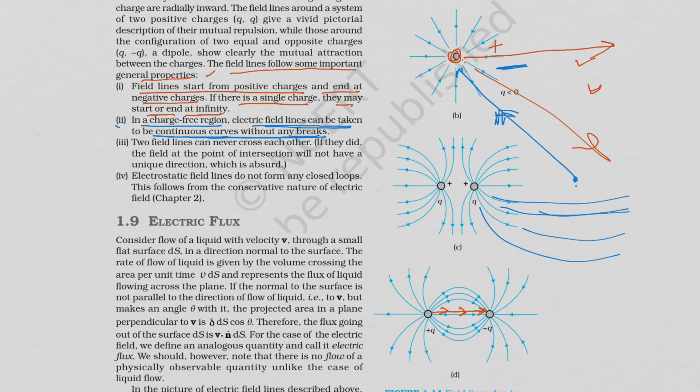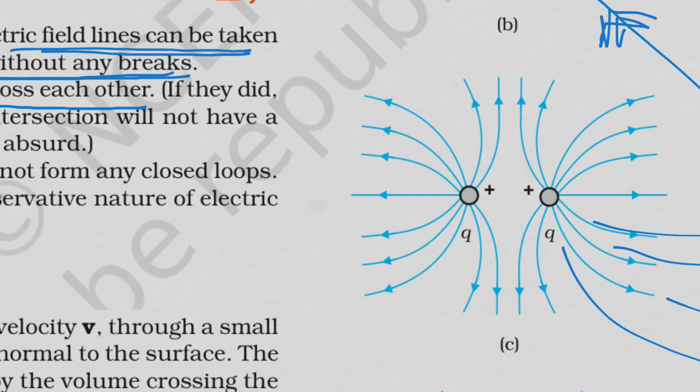The third property: two field lines can never cross each other. Let me show you in this picture. If there are two field lines, one is this, another one is this, they will never cross each other. They will never intersect.